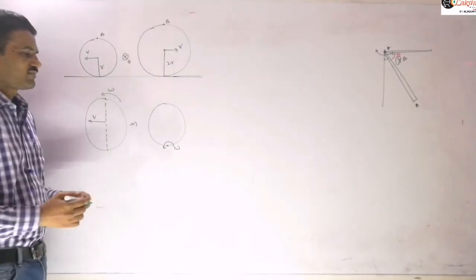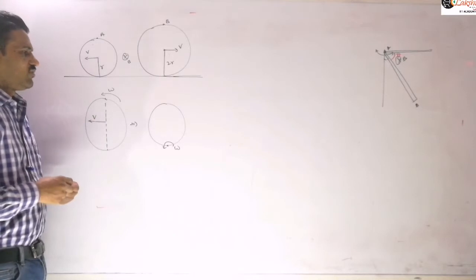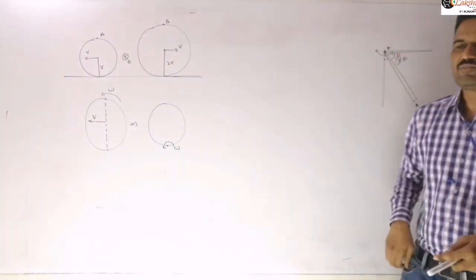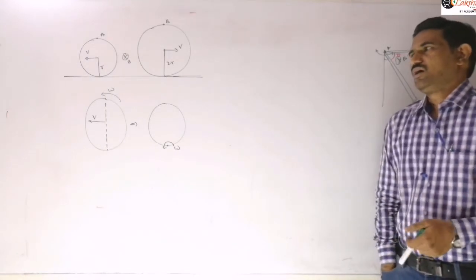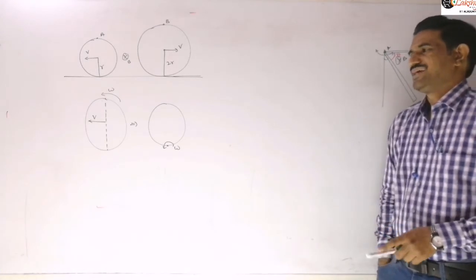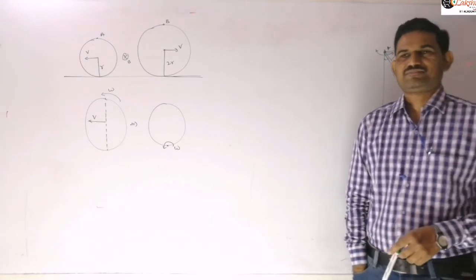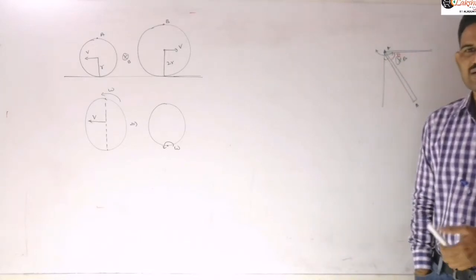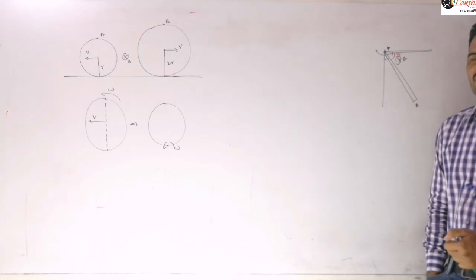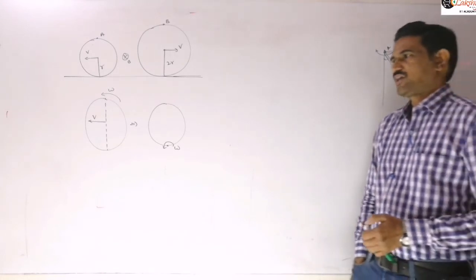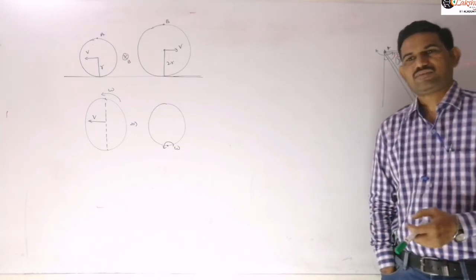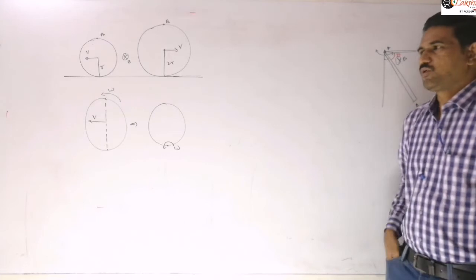Just to mention that when an object is in pure rolling on a horizontal surface, it can be treated as pure rotation about the point of contact.